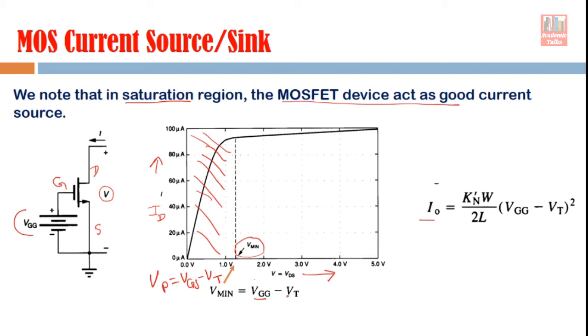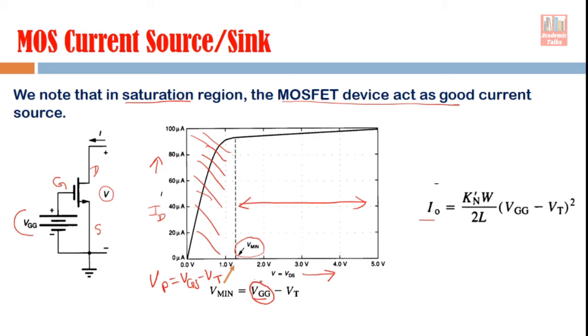Whatever minimum voltage you can afford in your circuit, you can decide by controlling VGG. VGG is in your control. So you have to be careful with this parameter, because if you increase VGG, your V minimum will increase. That way you will have a short range in which your device or your circuit is going to act as a current source.